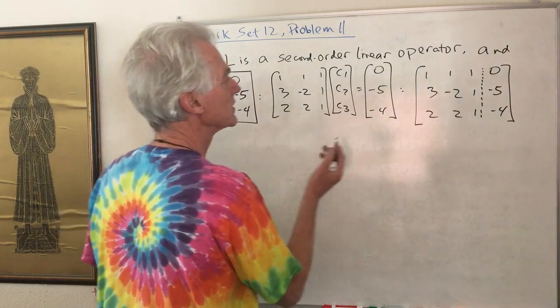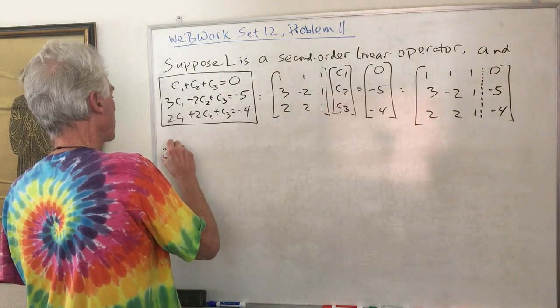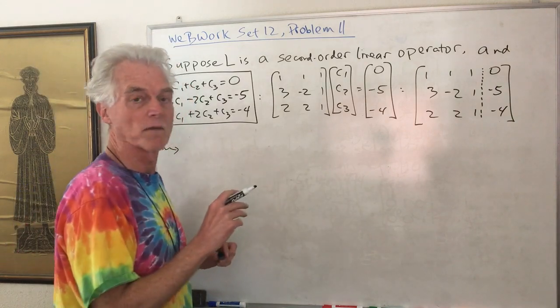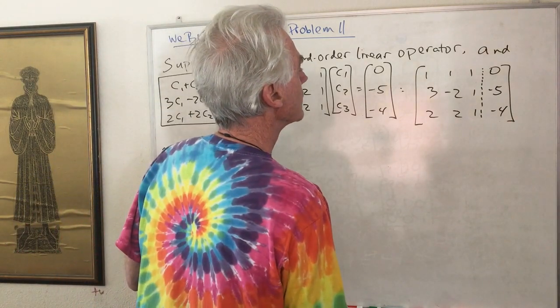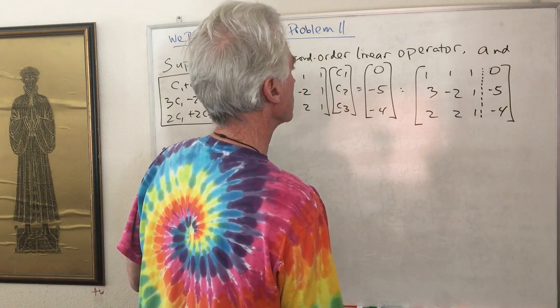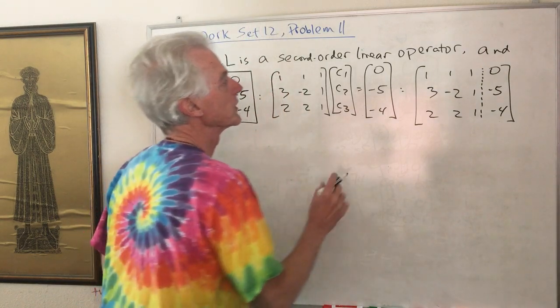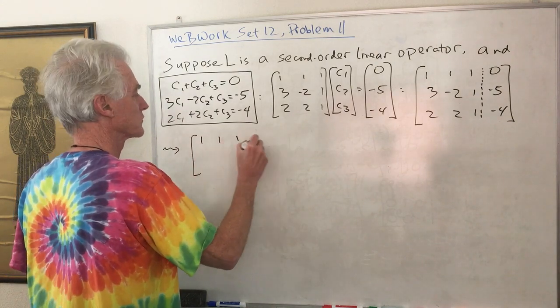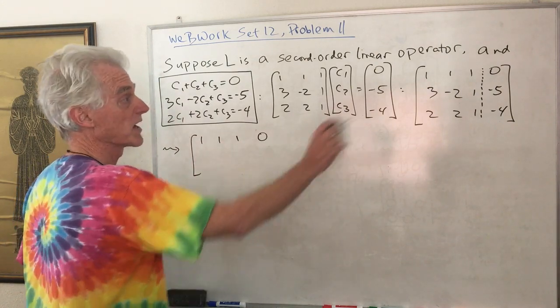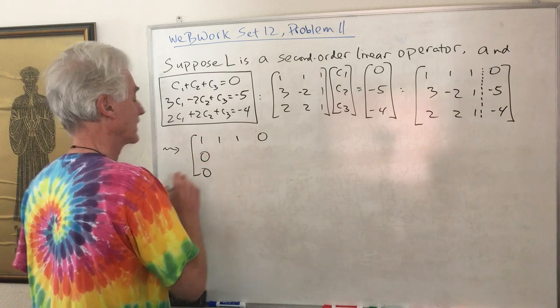So what we're going to do is elementary row operations to this matrix. Let's see. What am I going to do? The first thing I want to do is keep this first row the same, but put a 0 here and here.